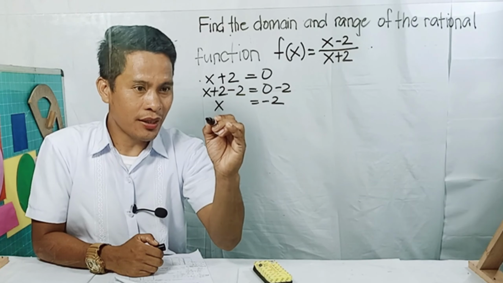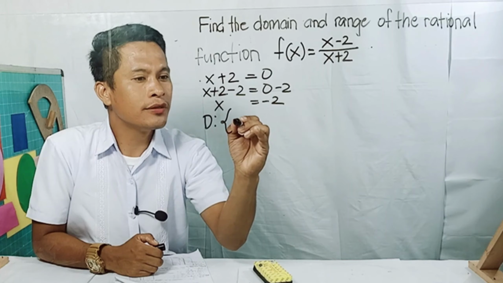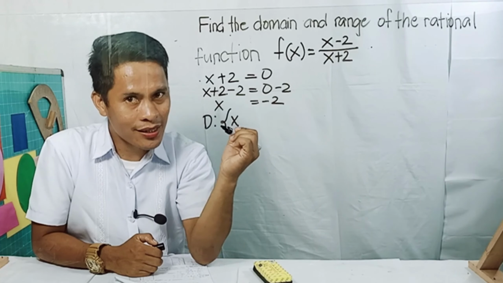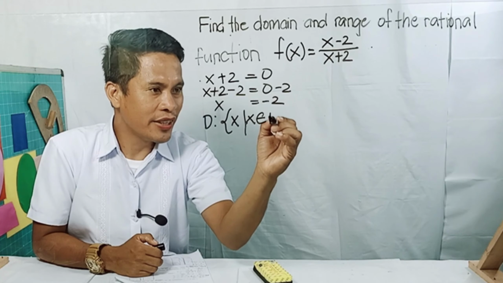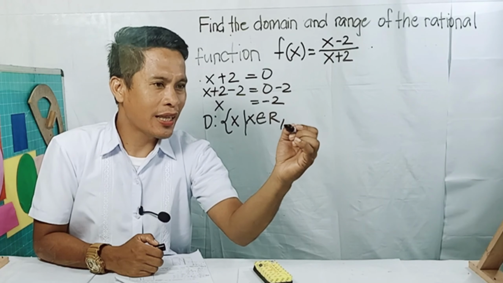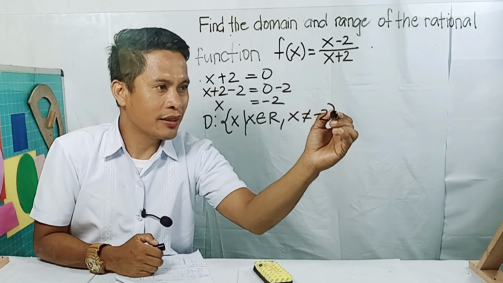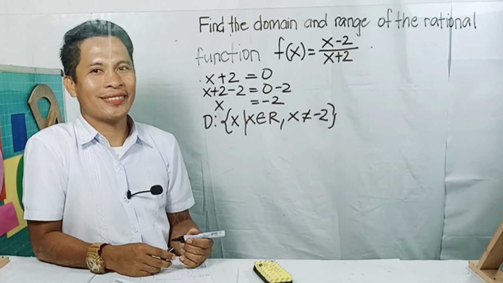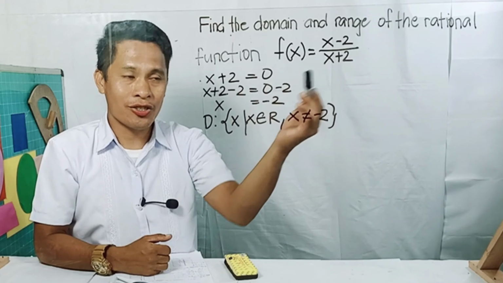Therefore, our domain is all the values of x such that x is an element of real numbers wherein x is not equal to negative 2. Next step is, let's find the range of the rational function.